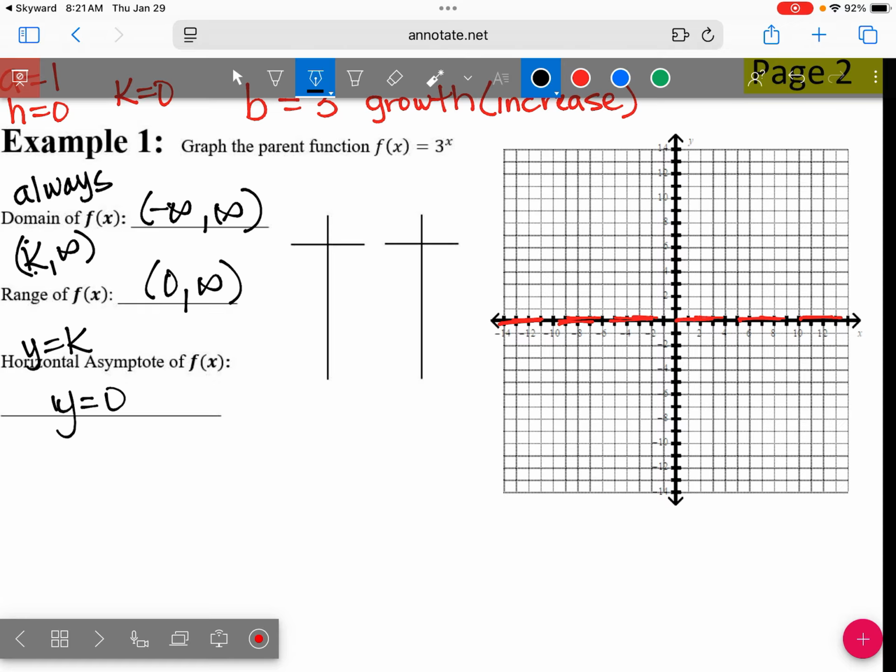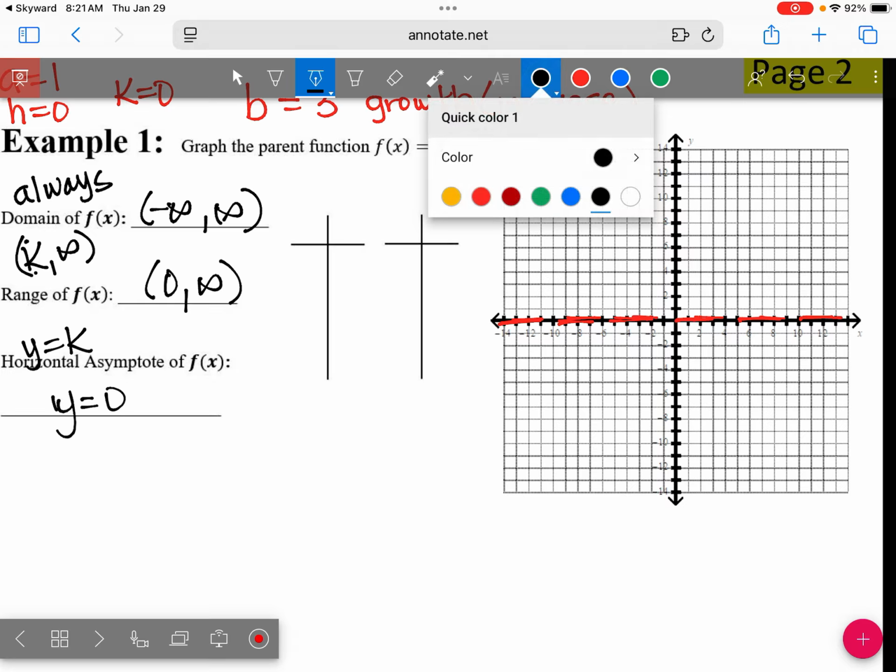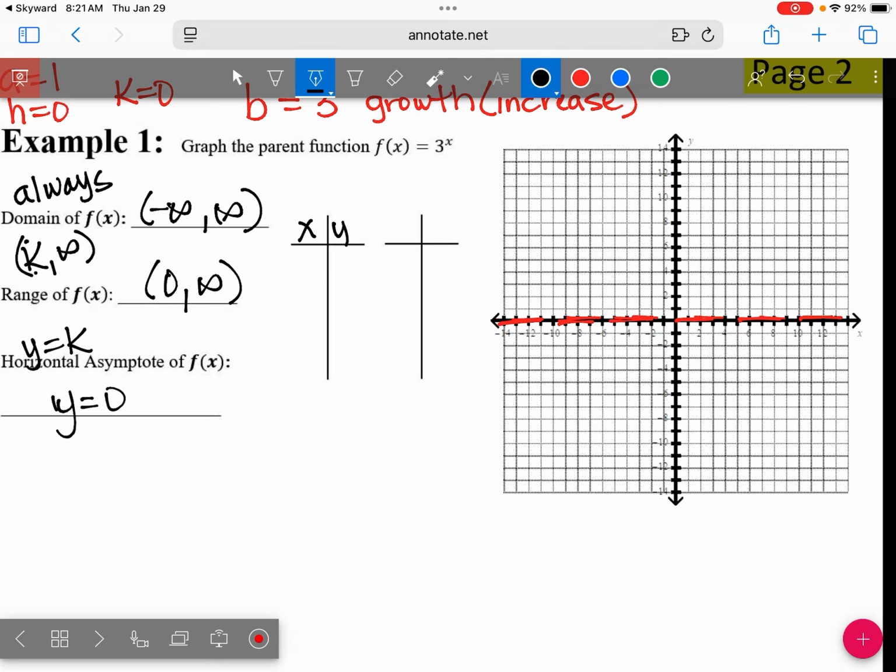We only need one of these tables. So let's just do our X and Y. And let's plot 0, 1, 2, because 3 won't fit. All right, with your calculators really quickly, I want you to type in 3 to the power of 0, 3 to the power of 1, 3 to the power of 2. It's exponential, which means I'm changing the exponent.